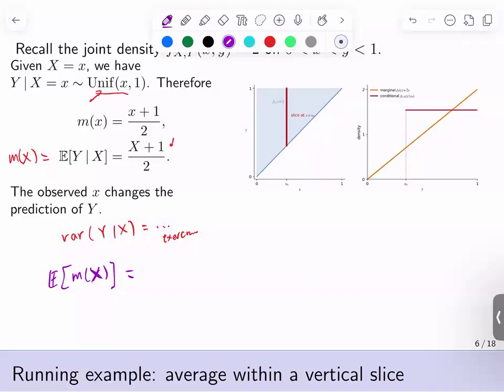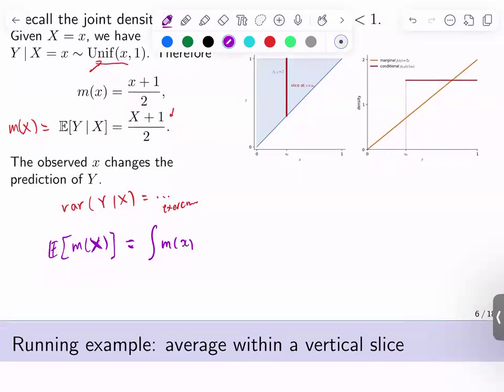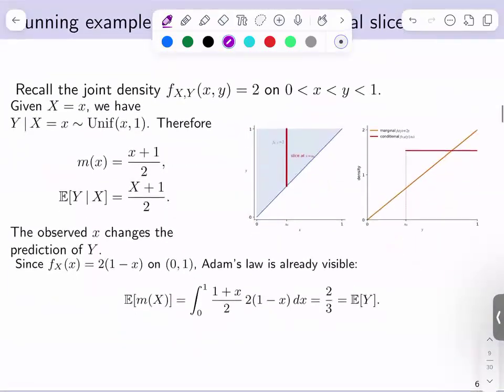Do you remember there's a natural formula here: the integral of little m of x times the density of x, okay? Because it's a random variable, it's just a function of x, I can integrate that function against the density of x. Okay, so let's see what the density of x is.